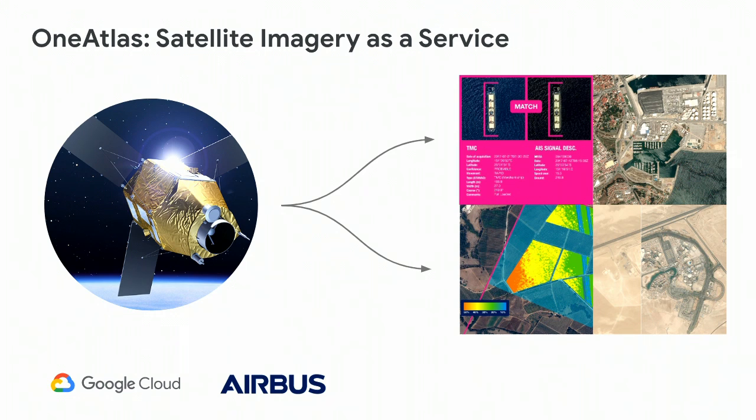We provide also download and viewing access to raw and processed imagery. And we also extract analytics from these raw data and provide insights such as vehicle and infrastructure detection, change monitoring, precision agriculture, or deforestation monitoring.